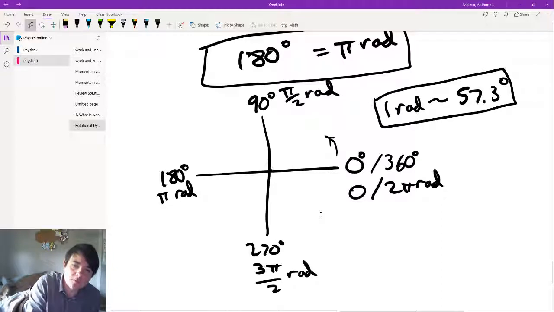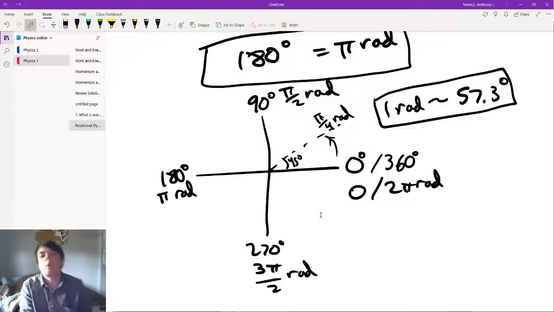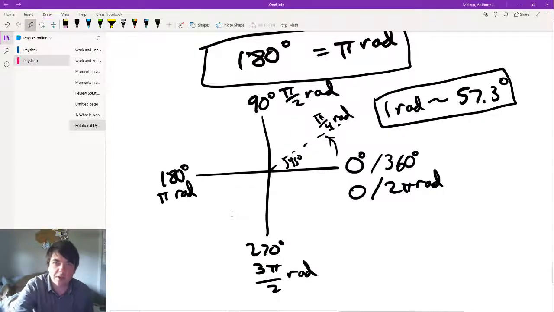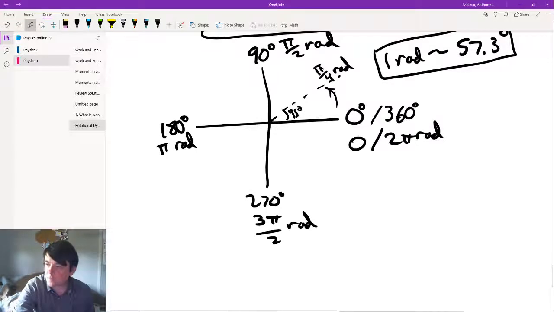Another popular one to define is 45 degrees, and that would be pi over 4 radians. These are the ones that you probably want to at least think about, not necessarily memorizing, but getting familiar with, as it will make your math a lot easier.